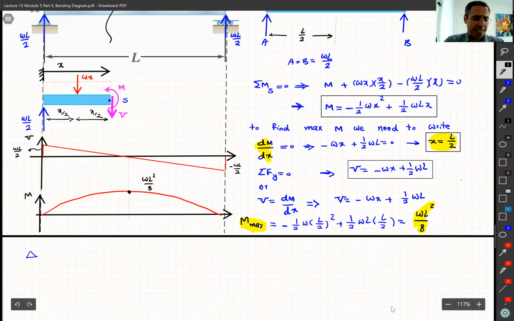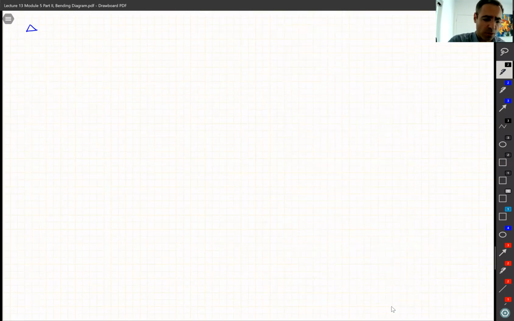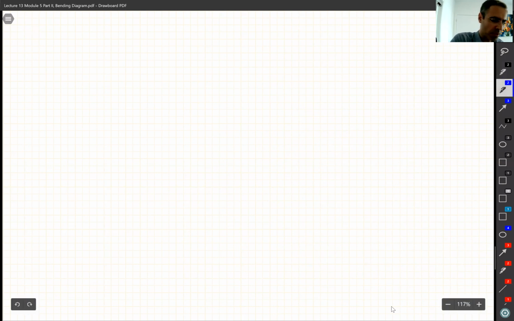If you are good, as a practice, I want you guys to do the same things that I did for this beam, and it is again important. So it is a practice example. Find the maximum bending moment.